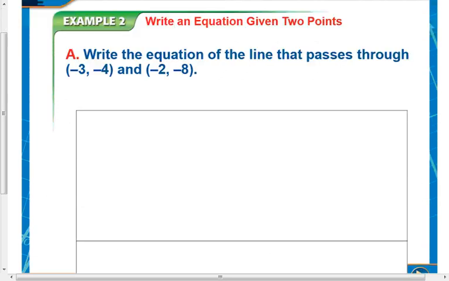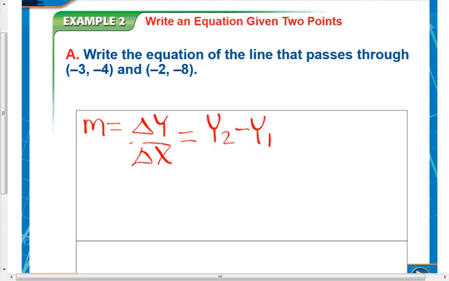Okay. So in order to calculate m, our slope, we need to use our formula for slope, the change in y over the change in x. How do I calculate my change in y? y2 minus y1 over x2 minus x1, we label it x1, y1, x2, y2.